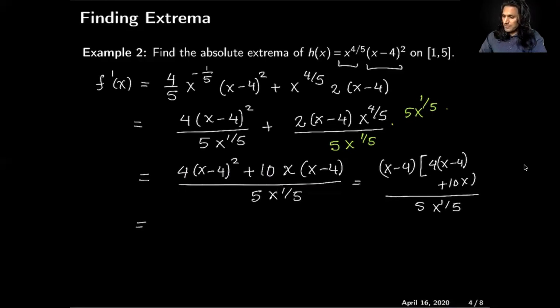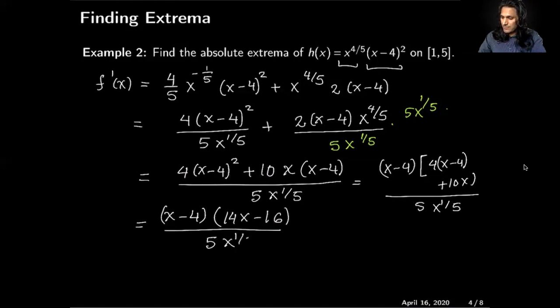If I simplify this, the simplification leads me to (x minus 4) times 14x minus 16, since 4 plus 10 is 14x, and 4x minus 16 gives the constant. So that is (x minus 4)(14x minus 16) divided by 5x to the power 1/5.